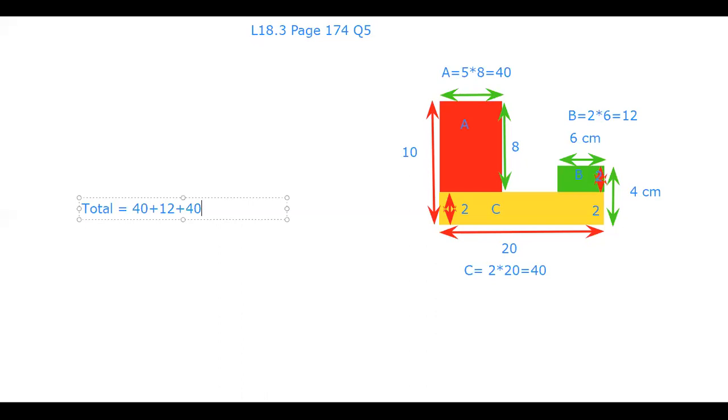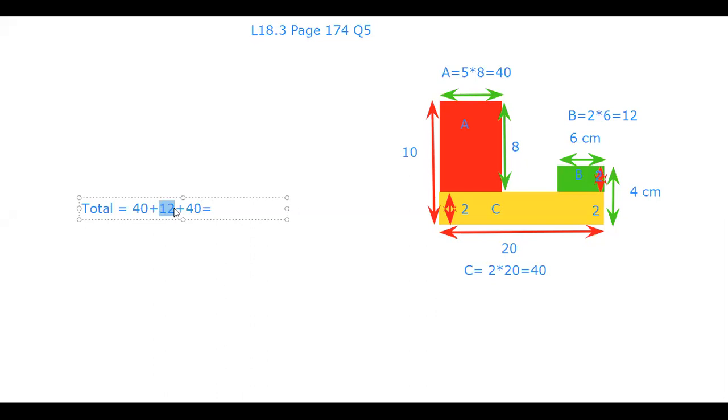40. If you're looking at the book, what were the mistakes that they did? Area A, they figured it correct, but B and C, they didn't do it correct. They said that B is a 24, but it's actually what? 12. This one is a 12, not 24.